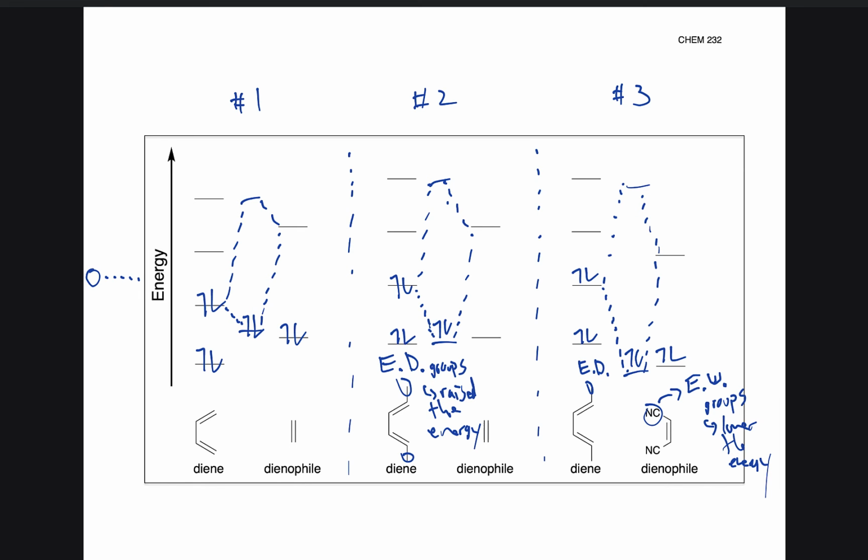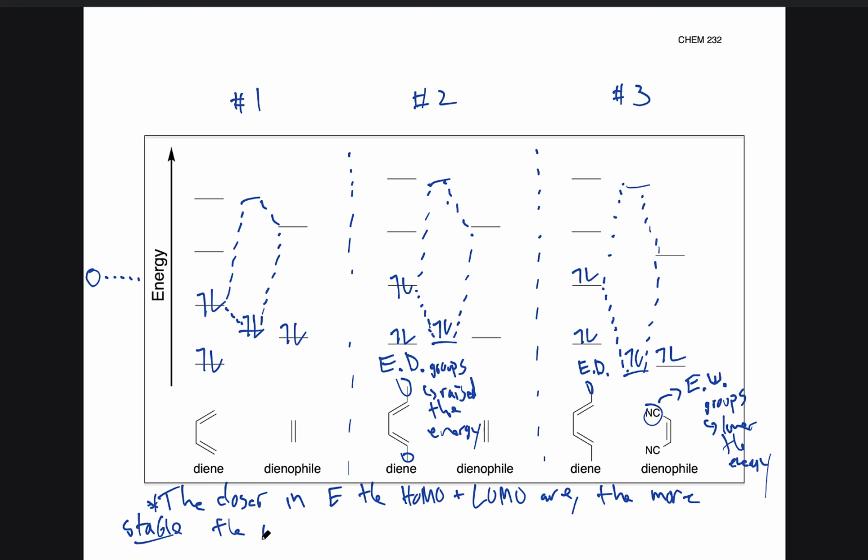And so the main takeaway here, in short, is that the closer in energy the HOMO and LUMO are, the more stable the product is.